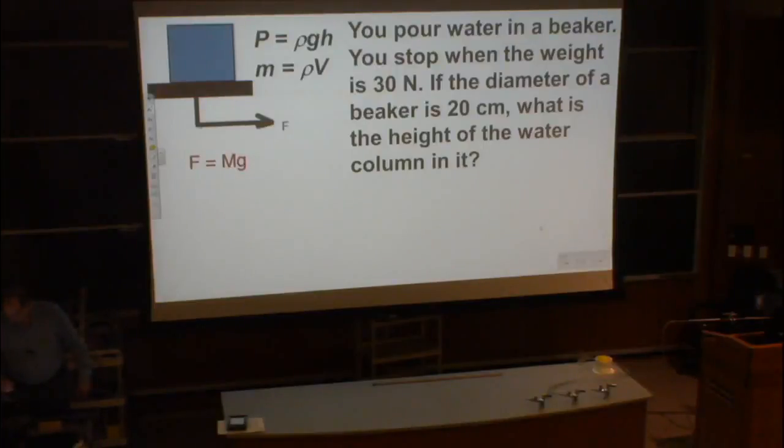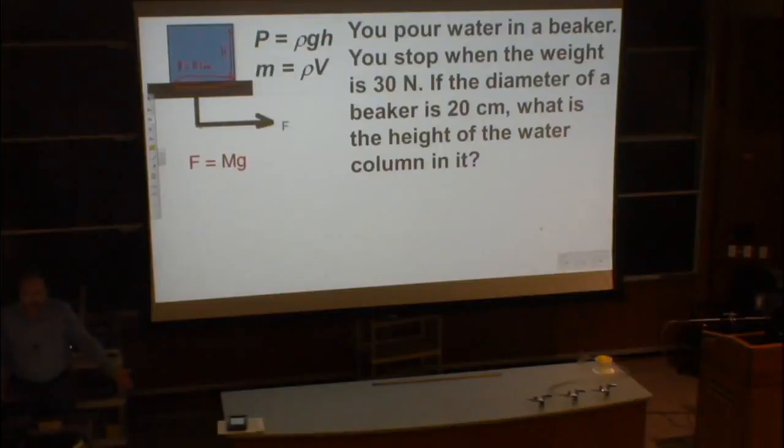Doesn't really matter. This is what we're looking for, right? And the only difference here is 0.1 of a meter. The beaker is circular, so the radius is 0.1 of a meter.